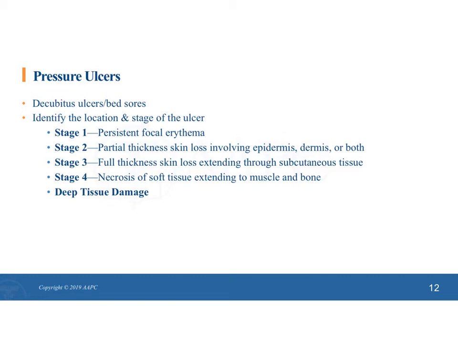If you notice, stage 2 is going to involve one or both layers of the skin. If the ulcer goes through the subcutaneous tissue, which is the hypodermis, then that's a stage 3. If it is necrotic and it reaches the muscle and bone, then that would be stage 4.